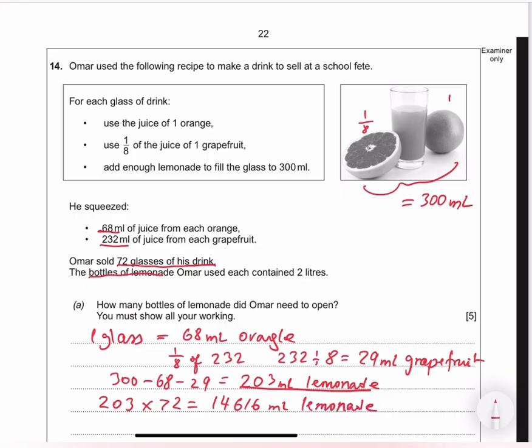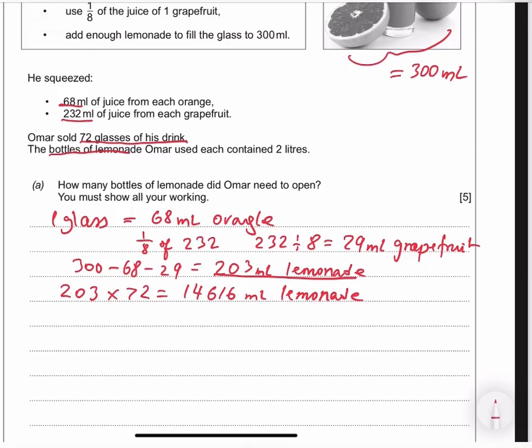So we're going to change that amount into liters because we got liters there, 2 liters. 1 liter is 1,000 milliliters, so we're going to divide that amount by 1,000 to change into the liters. So that will give you 14.616 liters.